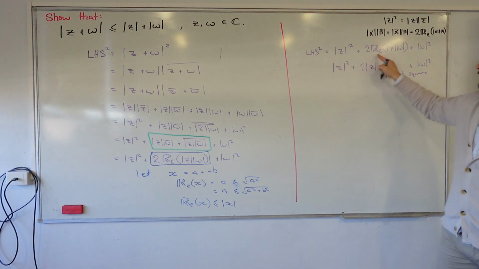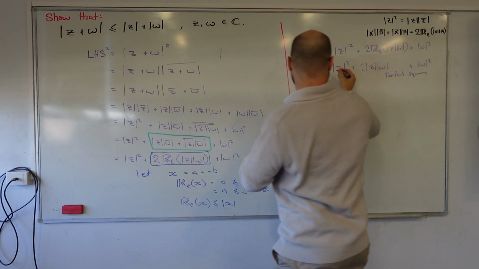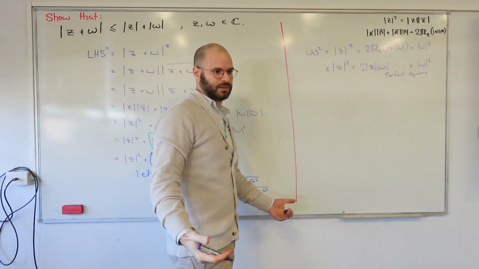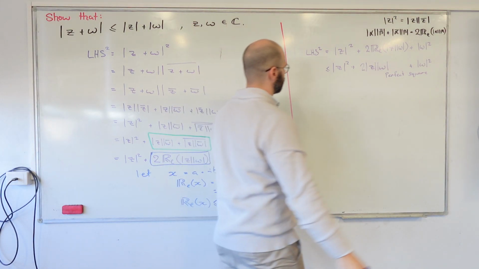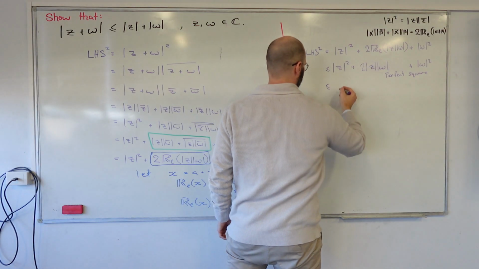From here to here, is this bigger than that or is this less than that? Less. This became bigger or less? Bigger. Because it's only just a real component. So because of that, we've got a perfect square.